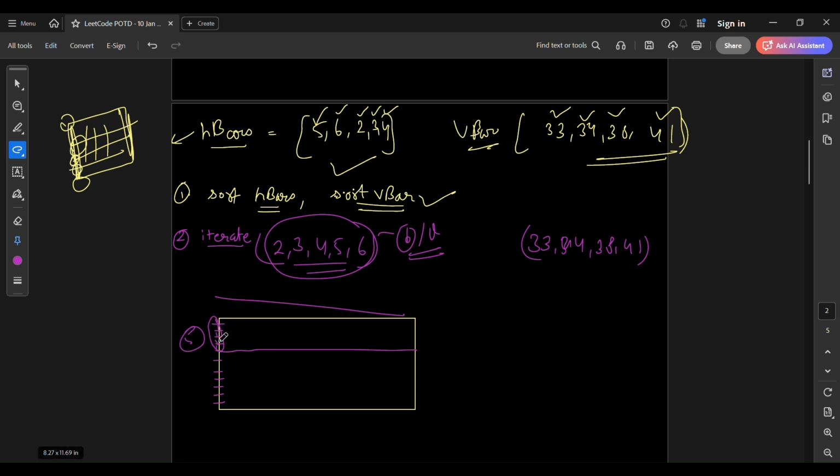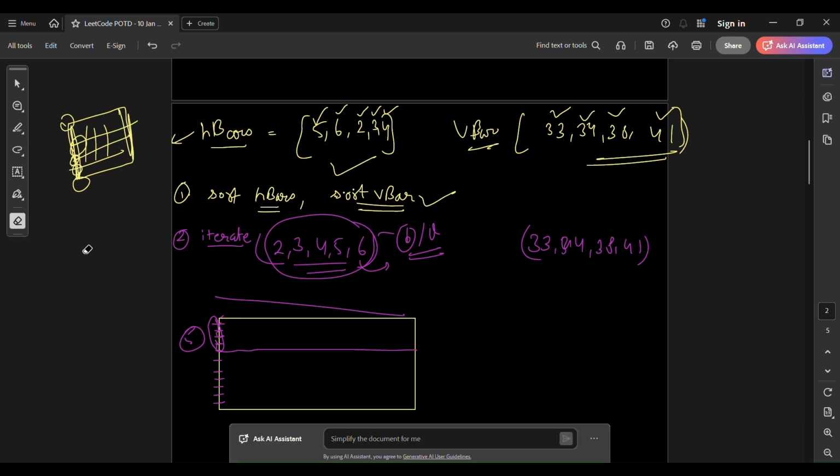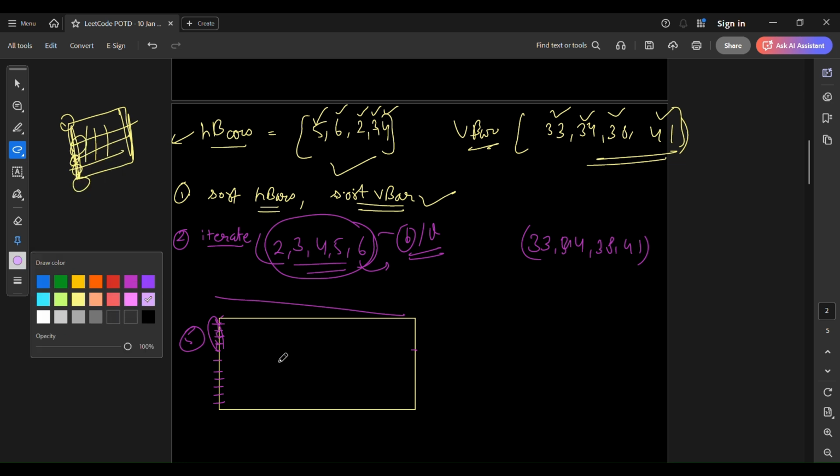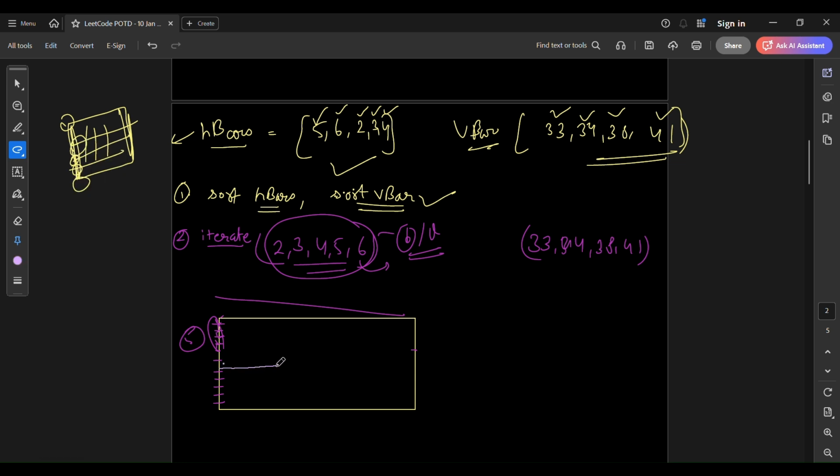Okay, clear, very good. And the next part is, we have removed everything: first bar, second, third, fourth, fifth, and sixth. We have to remove this line also, and this line also, and our next part will be, this is the seventh line that will be starting.